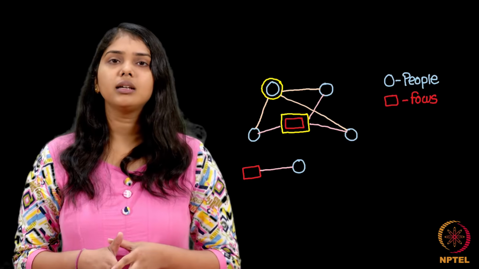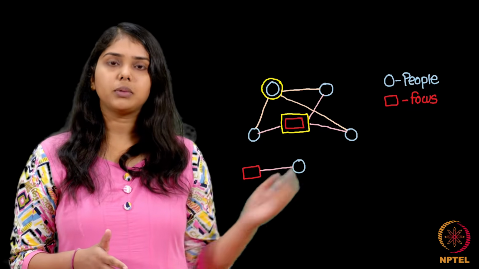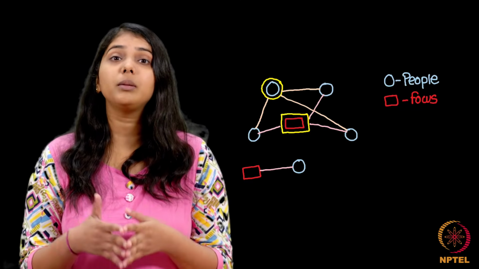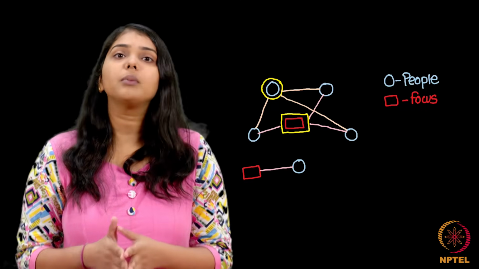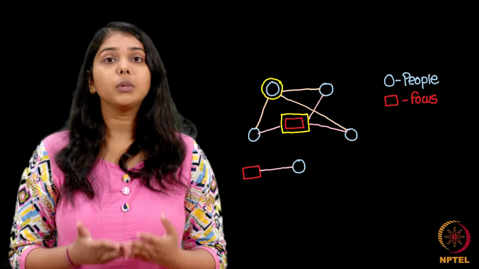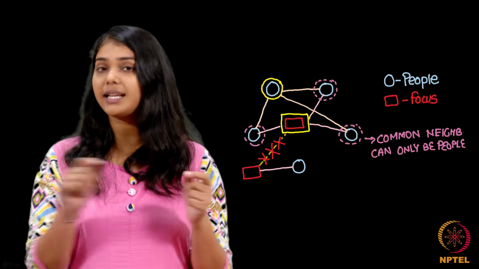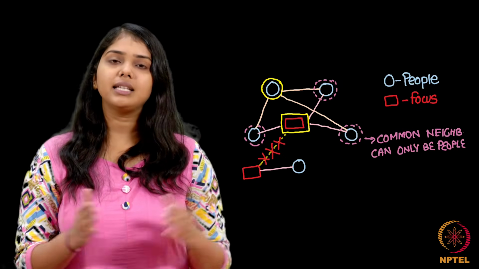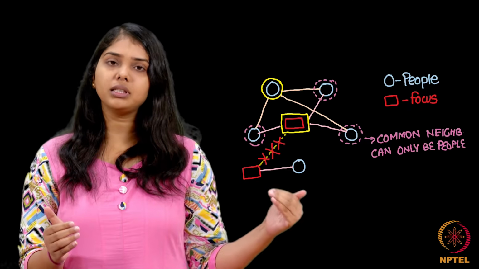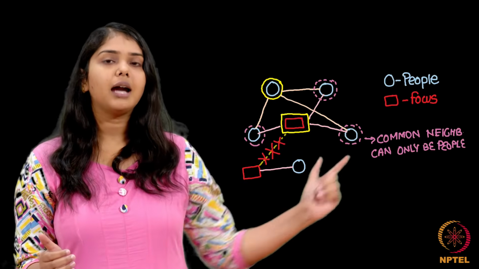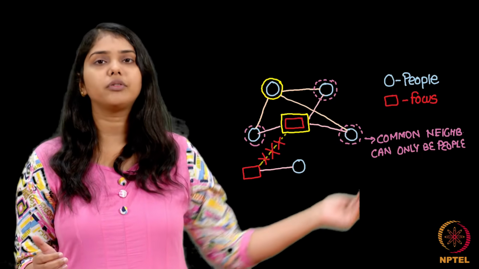Let's now look at the second case. Here is a person and here is a social foci. Now we look at their common neighbors. Do you observe that their common neighbors can only be persons? Their common neighbors cannot be foci, because there are no edges between foci nodes. Two foci nodes are never connected to each other. The edges are only between person and person, and person and foci. So we have a person and a foci here, and all their common neighbors are different persons.